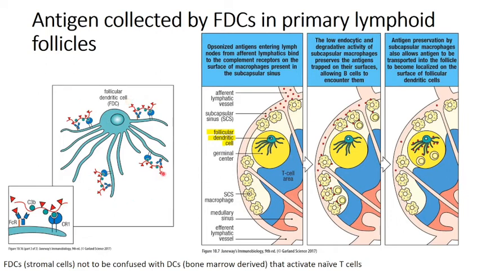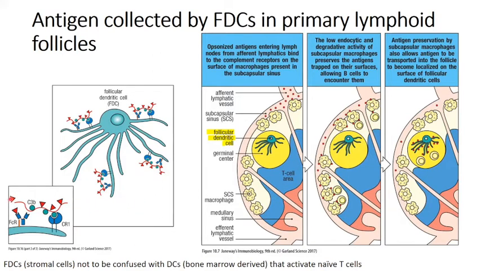Here's an enlarged picture of a follicular dendritic cell, and their function is to use those long arms to collect the antigen and display it so that the B cells can interact with it. These follicular dendritic cells are bristling with all kinds of receptors.